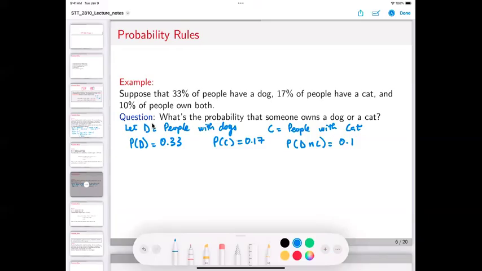And so to find the probability that someone owns a dog or a cat, it means or, you see, we are going to use the general addition rule. Is that okay? So we are going to have P of dog or cat. Or you could use this symbol. It's the same thing. This symbol here means or. Is that okay? Good.